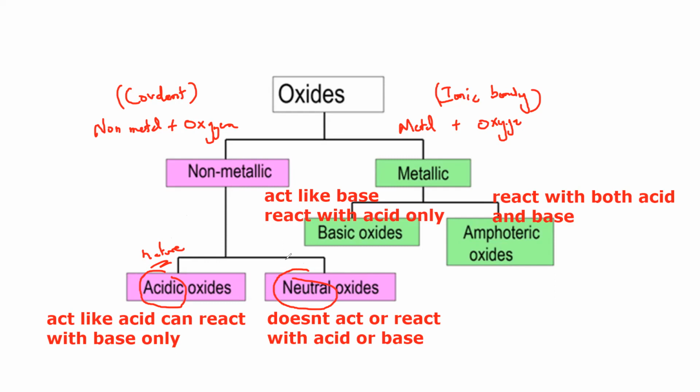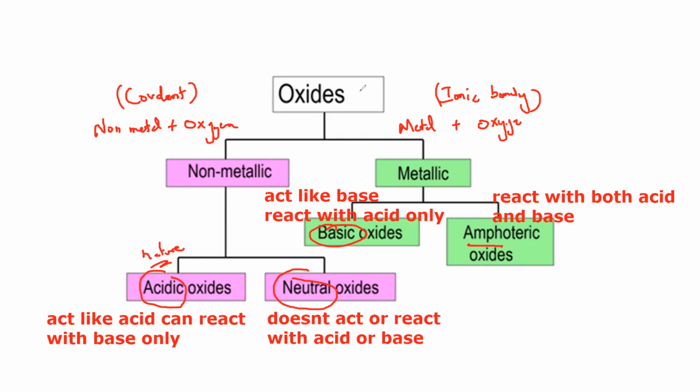They don't react with acid or base. The term basic oxide means they have a basic nature, so a base can react with acid, and that's why they can react with acid only. And the term amphoteric means dual or two natures. So what are the two natures? It can react with both acid and base.